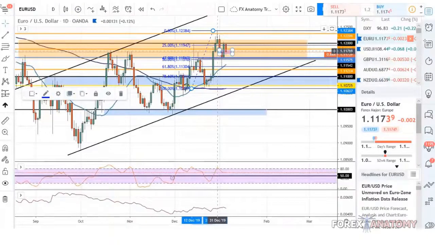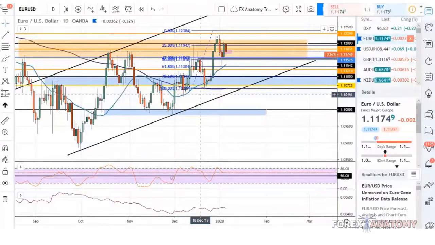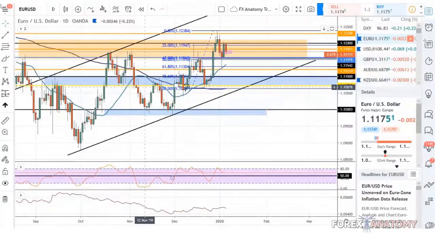Typically when we see this type of price action, especially what we saw on Friday, January 3rd, this bullish candlestick with a wick to the downside, we should have looked for an opportunity to buy, and there was an opportunity to buy the Euro USD. If we drop down to a smaller time frame, you'll be able to see that.